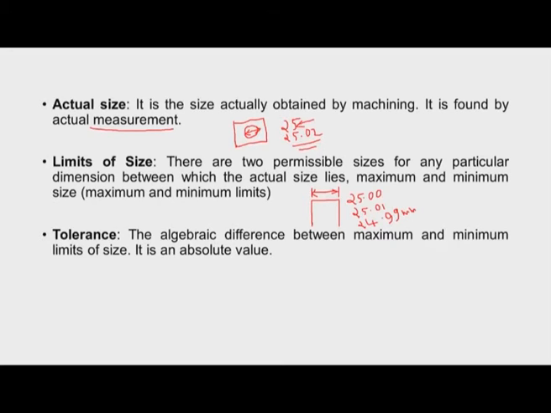So, this is called the upper size or maximum size of the shaft, and this is the minimum size of the shaft. And then we have tolerance.